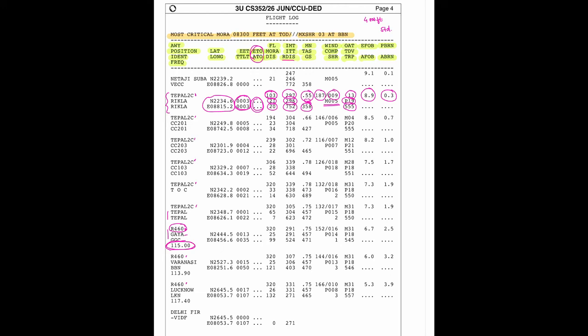This is the latitude and longitude of that point. Again the same thing: the EET, the estimated time to reach, is 13 minutes from there, and this is the total elapsed time, which is 35 minutes. You can see that this time is increasing.